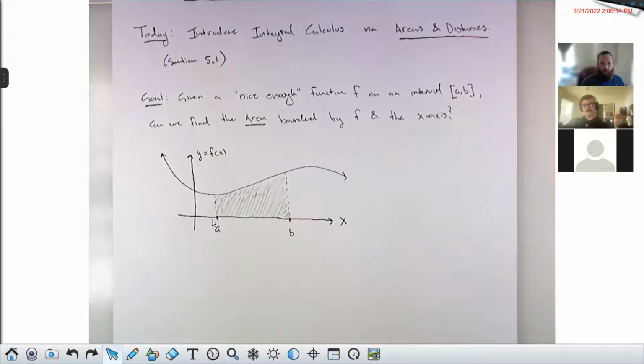The main tool that we're going to use to get started here is very, very simple. Instead of trying to calculate the exact area, we're going to drop in a bunch of rectangles and find the areas of those.